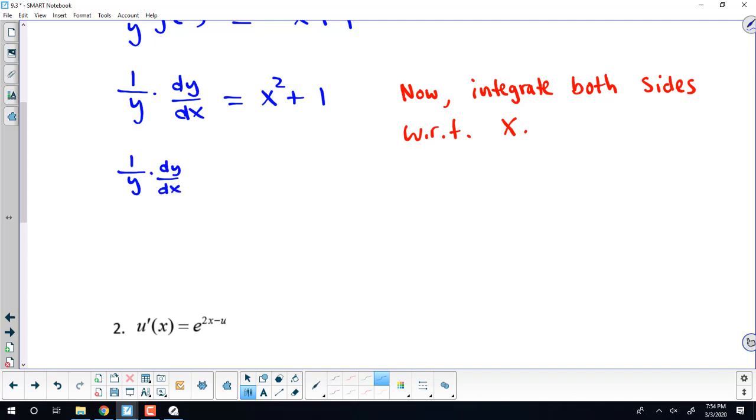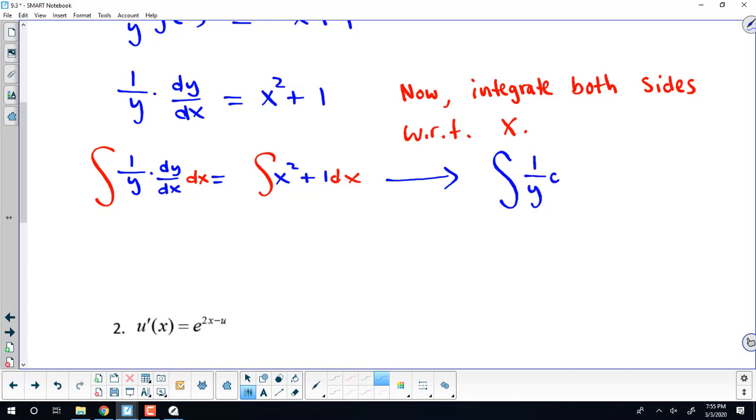Maybe after we see a couple of these, we won't write all of these steps down, but we're integrating both sides with respect to x. The same thing happens here as on the first page. The left-hand side is just the antiderivative of 1 over y dy, and the right is the antiderivative of x squared plus 1 dx.